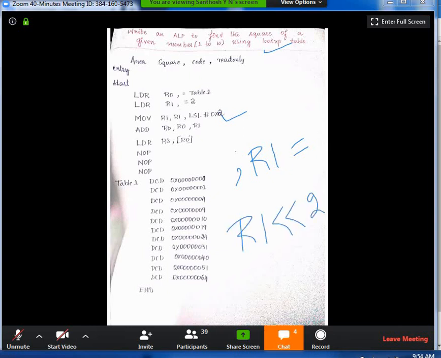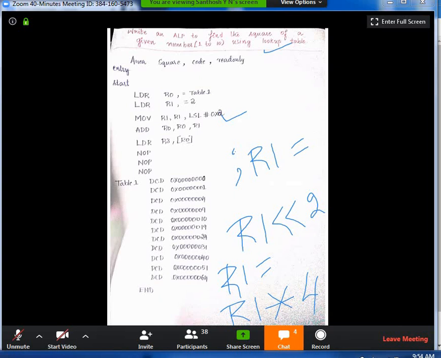This is the comment that you will write for this line. You can also write the comment as R1 is equal to R1 content into 4. If you are performing the left shift 2 times, it is nothing but multiplying with 4.